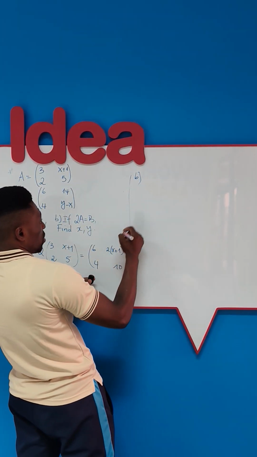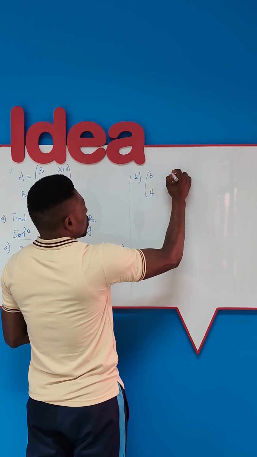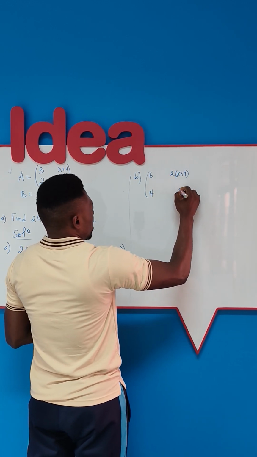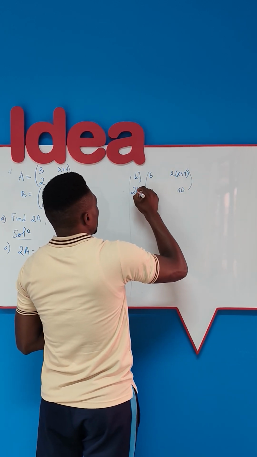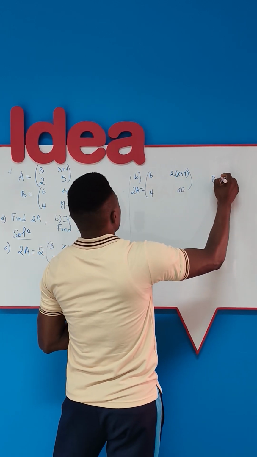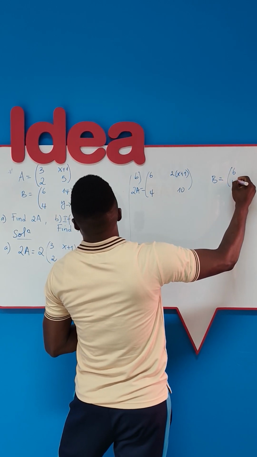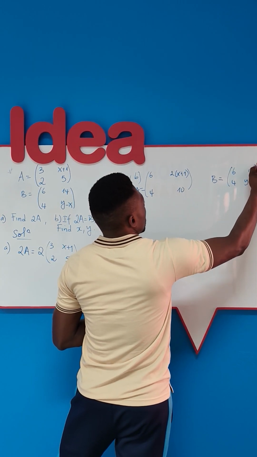We just had 2A here, which is 6, 4, 2 into x plus 1, and then 10. And then we have B, which is simply 6, 4, 14, and then y minus x.